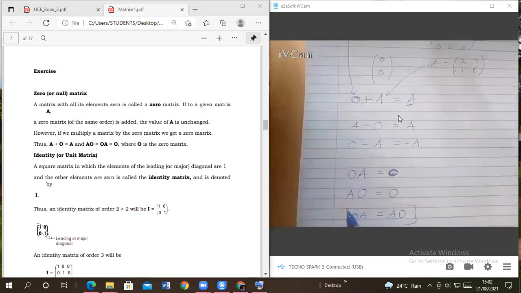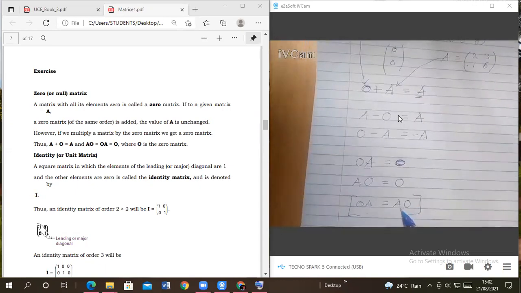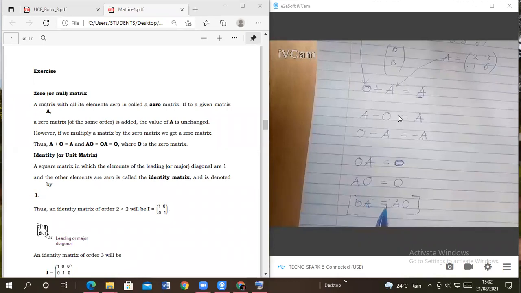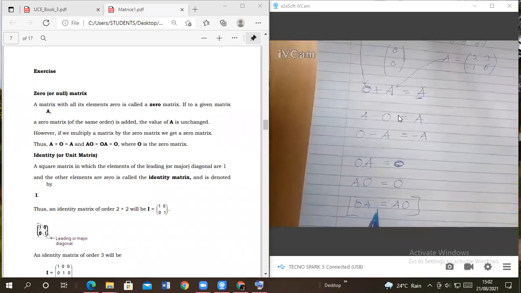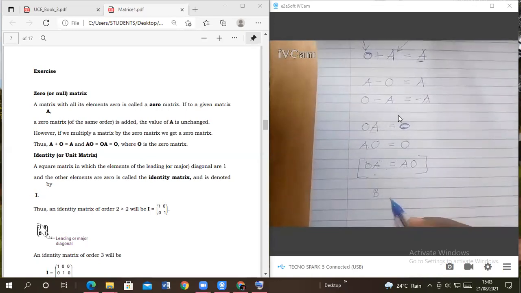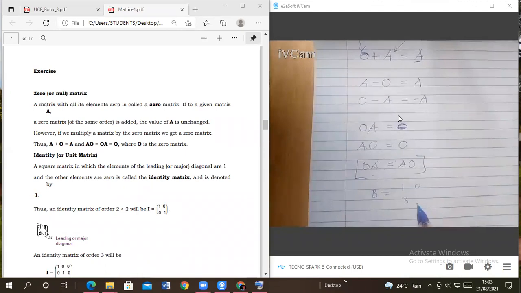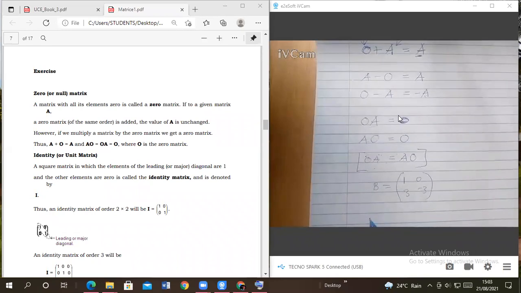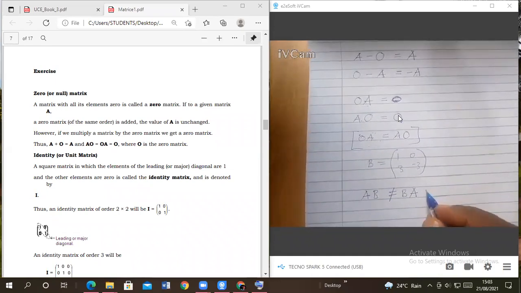But take a note, this is true for only multiplication between a matrix, which is not a zero matrix, and a zero matrix. It is true for only these two, okay? Otherwise, if you have another matrix B, let's say 1, 2, 3, and negative 3, A times B is not the same as B times A. Take a note, we talked about this one last time, okay?